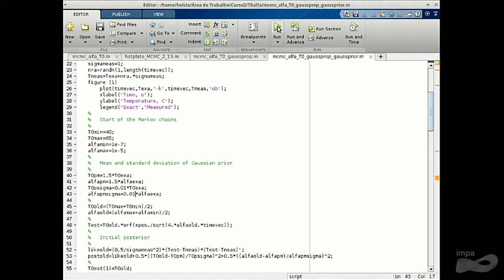So I'm prescribing a mean value that's completely offset, and I'm saying I have great confidence in this value, okay? For instance, I am running 30,000 states instead of 20,000. Okay.